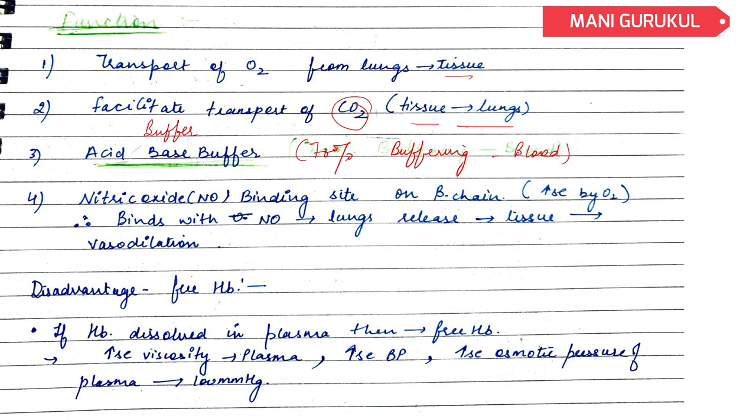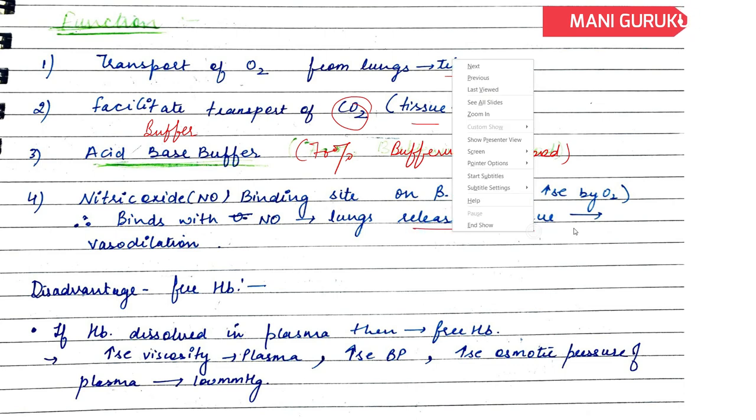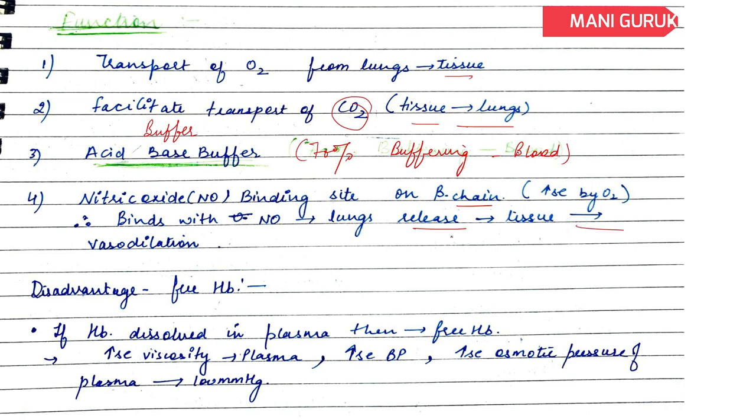And it binds with nitric oxide on the beta chain, which increases oxygen binding capacity, then gets released into the tissues, and then vasodilation happens.